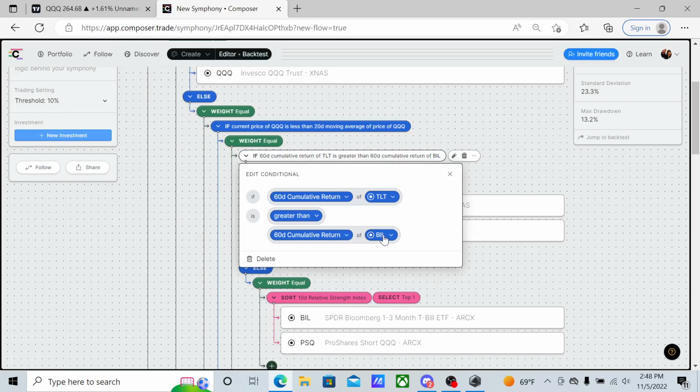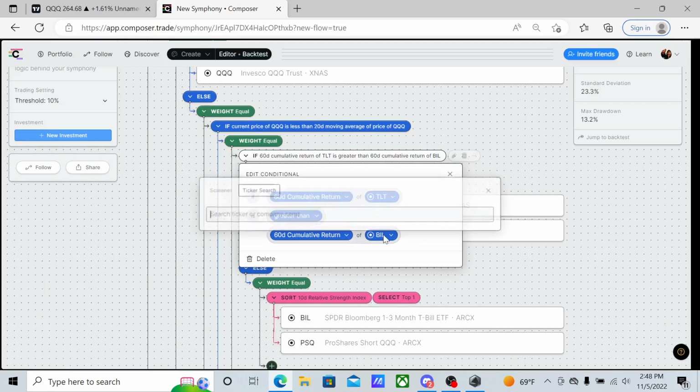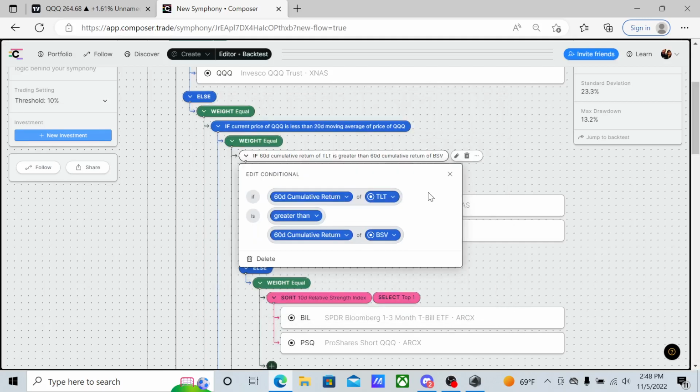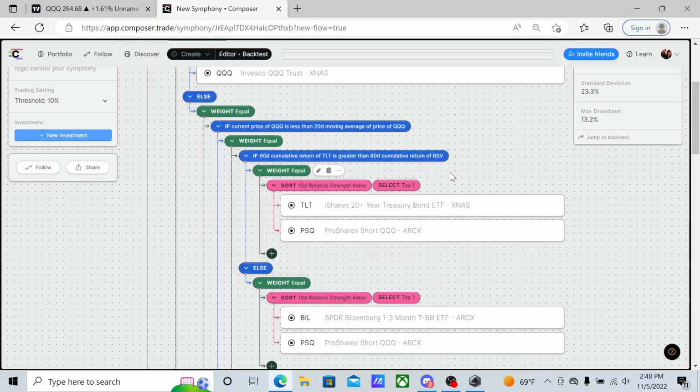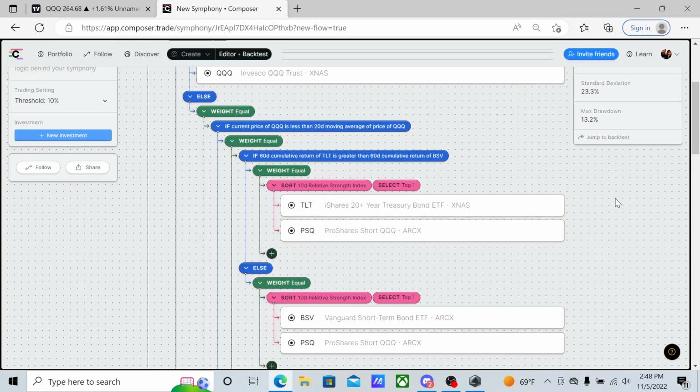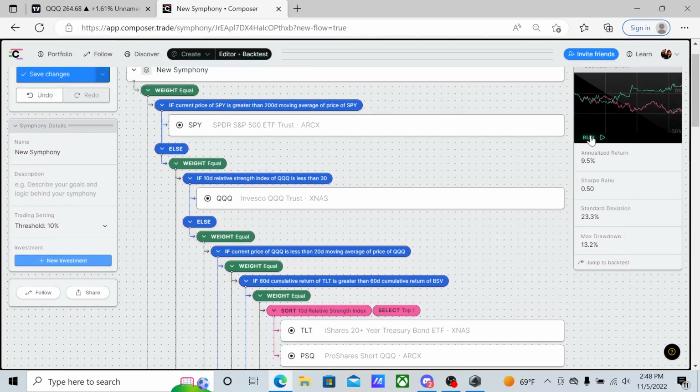It may need to be BSV or SHY, or the 60-day might not be enough to measure. Okay, let's test it out. BSV, and then we will plug BSV here and see how this plays out. Let me make sure everything's right. 60-day greater than, okay, BSV. Okay, so let's try that.